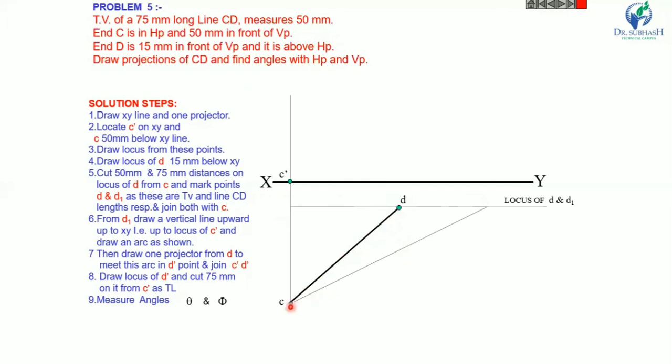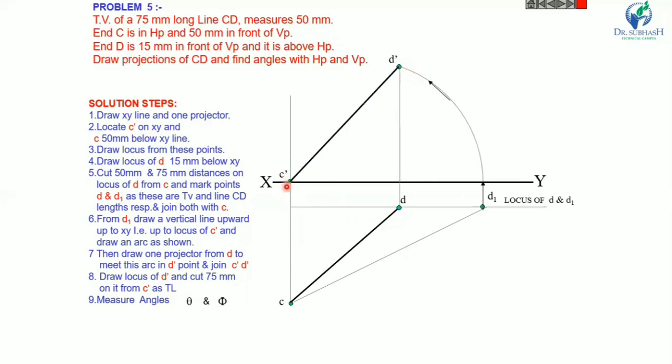Now from point C, draw a line of 75 mm equal to true length. It will intersect at D1. Right, now from D, draw vertical line, and from D1 also. So C dash as a center, radius equal to this length, and draw arc. It will intersect this line at point D dash.